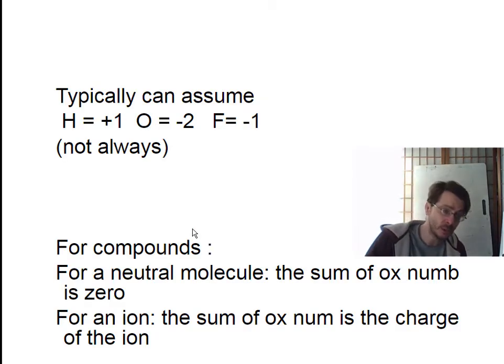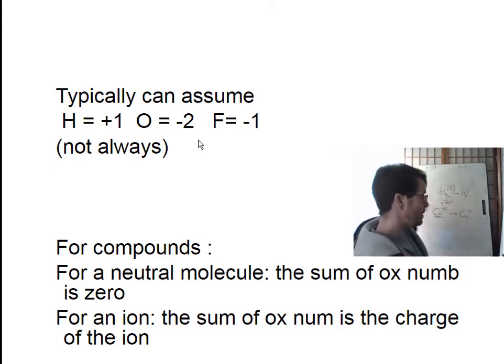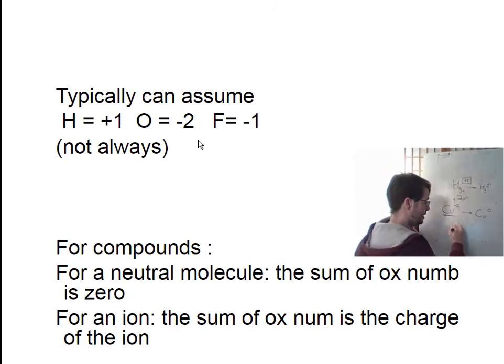Typically, we can assume the following. We can usually infer the charge of everything else if we keep in mind these simple things. The oxidation number of a hydrogen is usually +1. The oxidation number of an oxygen is usually -2. Right? Now, we could take a look at something like water. HOH.